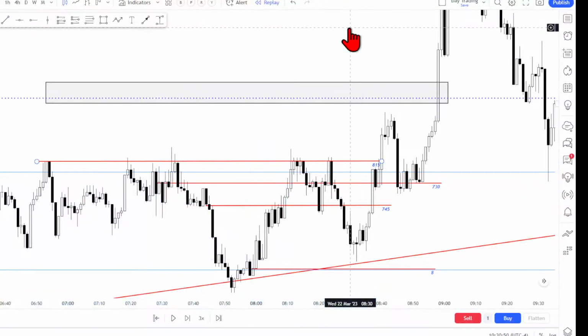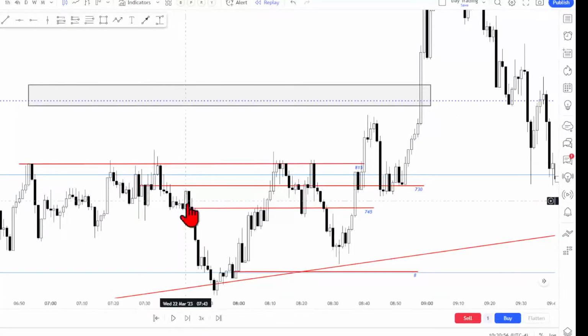Everybody in the chat, when they flip this, where is everybody trapped? Okay. You have candles opening and trading down. You have candles opening and trading down. Candles opening, trading down. 8:15, candles opening and trading down.